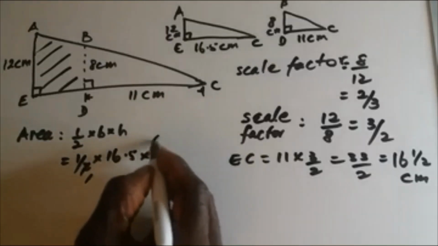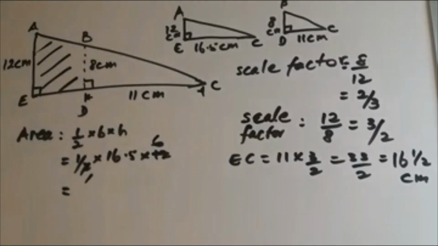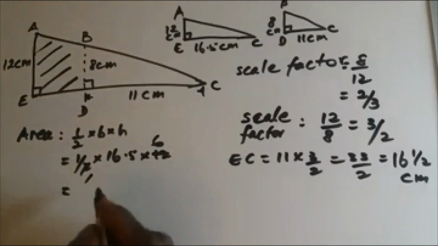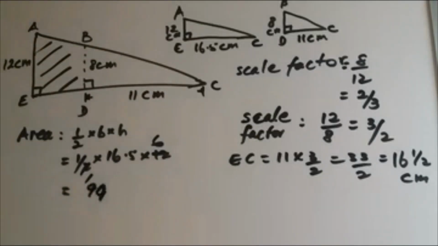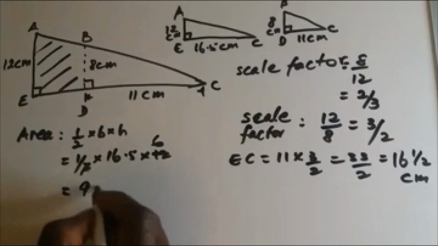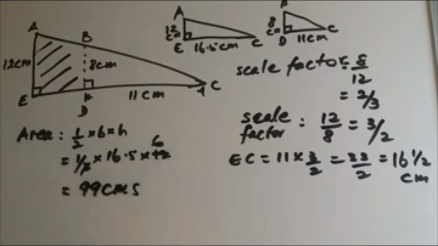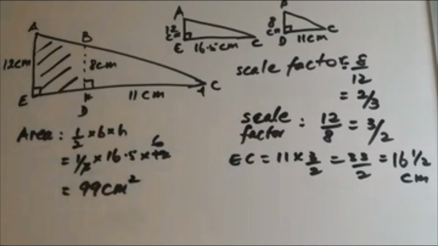That gives us 16.5 times 6. Let's check what that gives us. Which gives us 99 centimeters squared as area. That's the area of the larger triangle ACE.